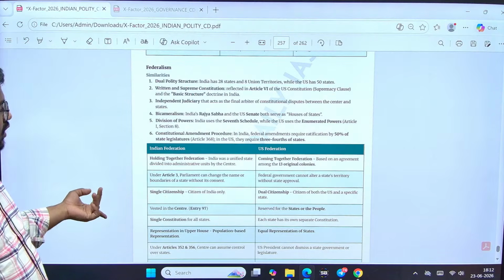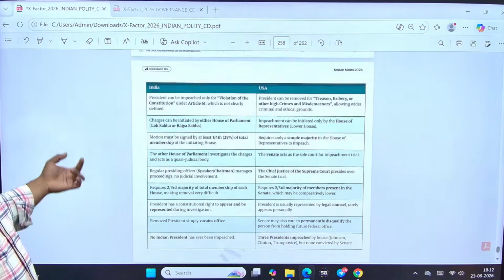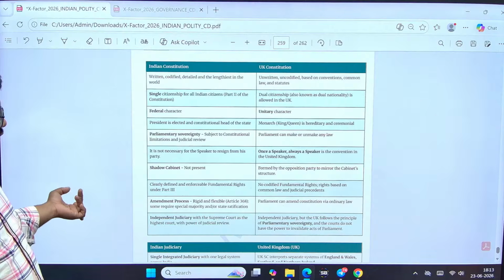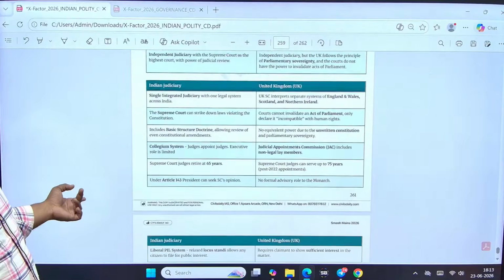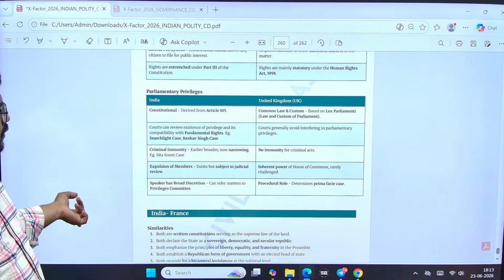Your question can come on this. Both similarities and differences are there, right? Then India-UK similarities, major differences, then judiciary, then parliamentary privileges.